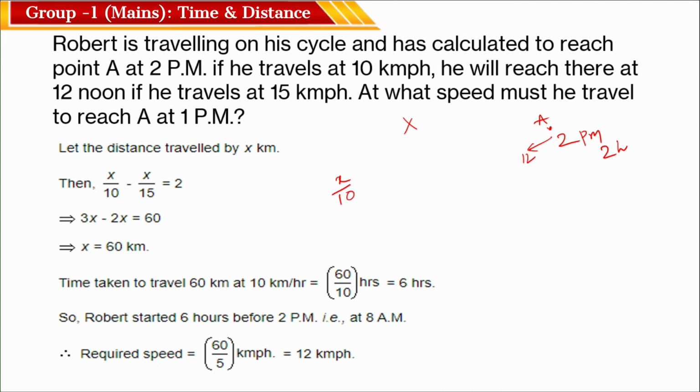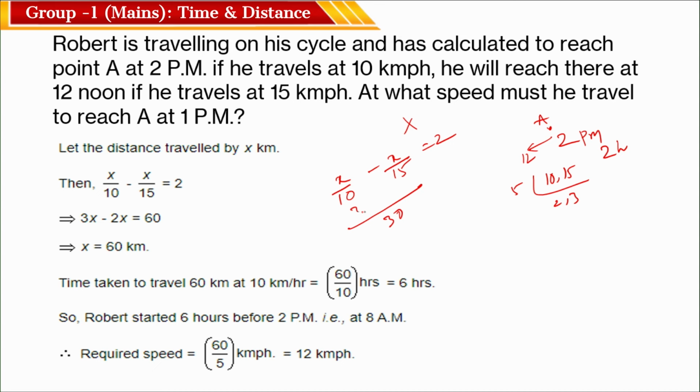When he increases speed to 15 kilometers per hour, the time taken is x by 15, and the difference between these two, x by 10 minus x by 15, is 2, correct. So, you have to simplify this. For 10 and 15, what is the LCM? 5 2s are 10, 5 3s are 15, so 2 3s is 6, and 6 5s are 30, so the LCM is 30.